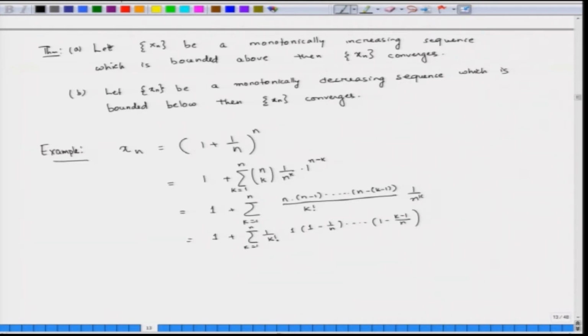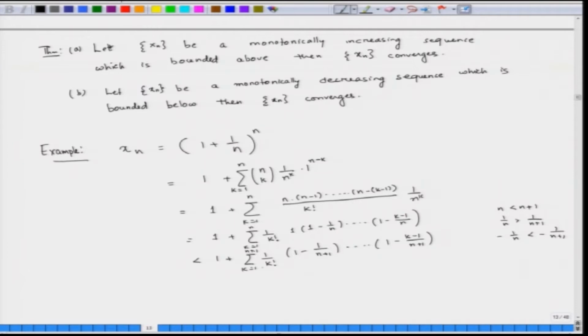Now n is less than n plus 1. Therefore 1 by n is greater than 1 by n plus 1, and minus 1 by n is less than minus 1 by n plus 1. So this entire thing is less than 1 plus the summation over k from 1 to n plus 1 of 1 by k factorial, times (1 minus 1 by n plus 1) up to (1 minus (k minus 1) by n plus 1).